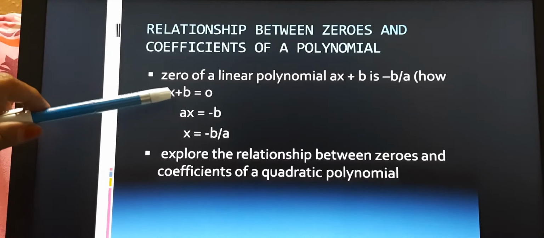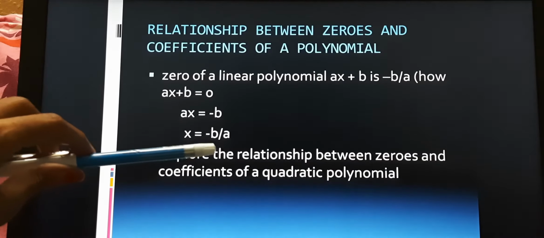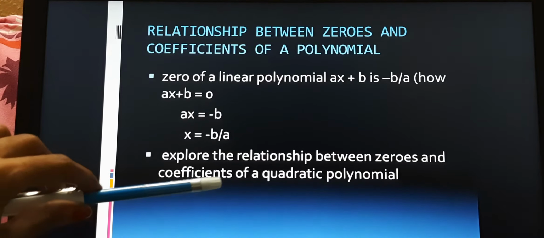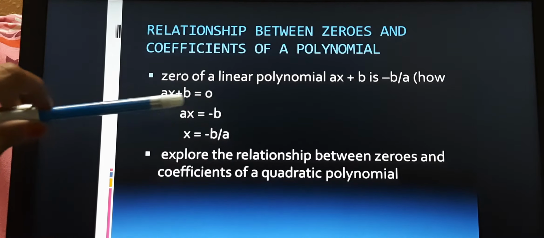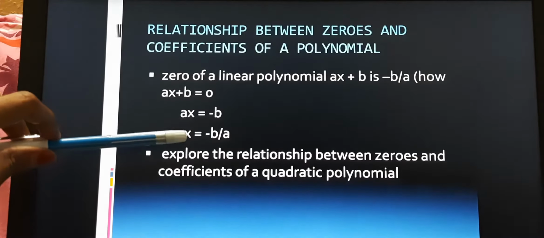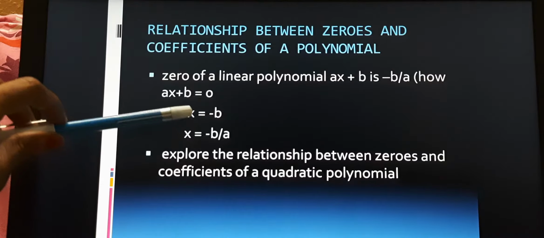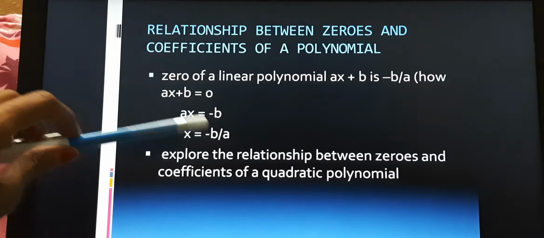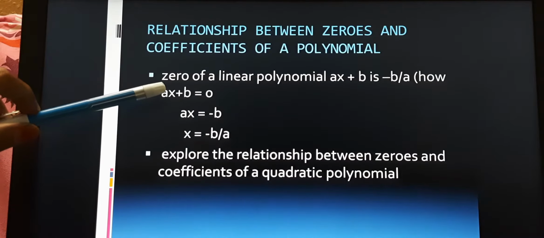This is about a linear polynomial. In a linear polynomial, x is equal to minus constant by coefficient of x.